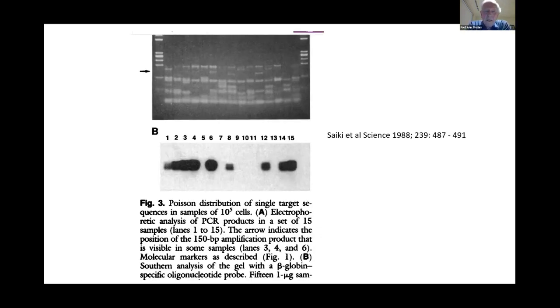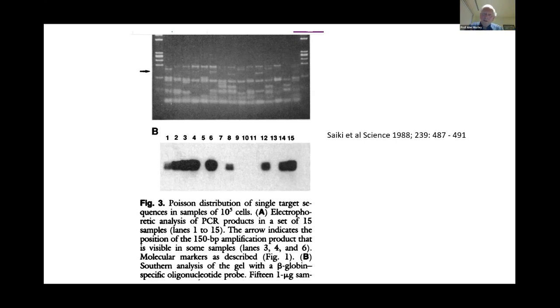They did a 100,000-fold dilution, and they found that in multiple wells, the distribution of positive wells was in accord with the Poisson distribution, and was pretty much in accord with the expected number based upon the mass of DNA at which you'd expect to see single targets.